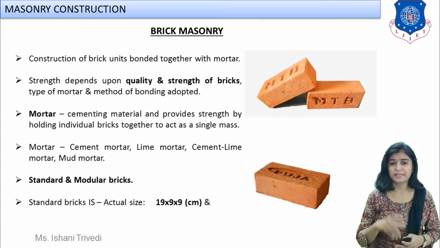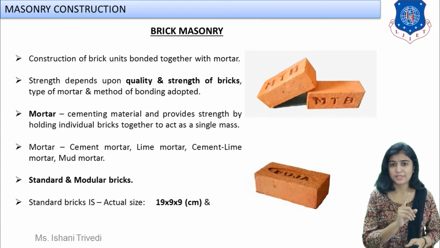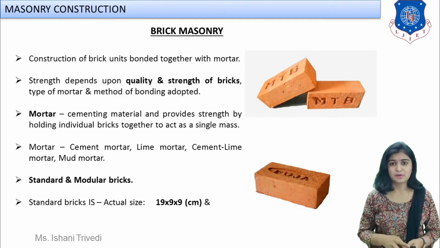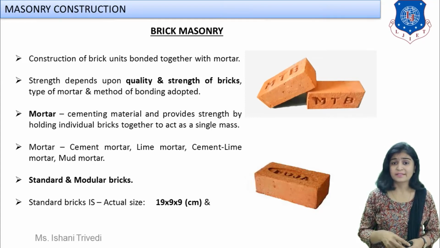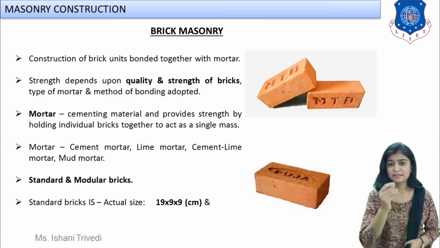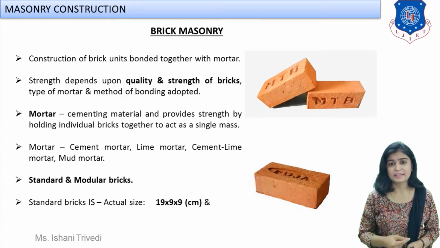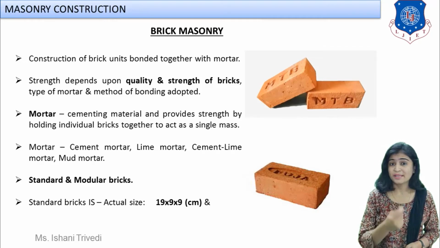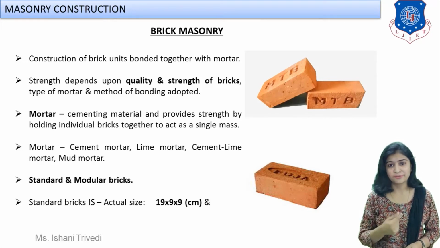I had told you that the length face will be called the stretcher and the width face will be called the header. Also, I discussed the indentation or the depression which is provided on the top. Can you see the same thing over here? Yes, we can see that the names, the initials are inscribed into the bricks. What is that called? Please try to recall. Yes, that is known as frog.